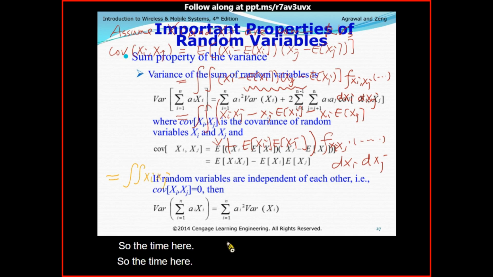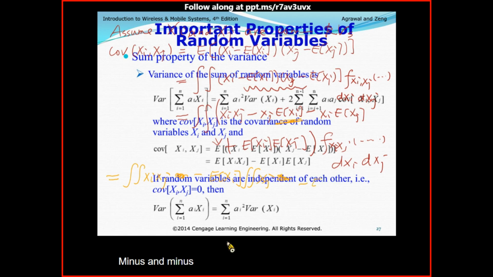IJ, and I skip the PDF here. And minus this one. For this one, actually, it's a constant. So you will have a constant. I move it to the outside. So this one, we have a J. And likewise, I skip this.